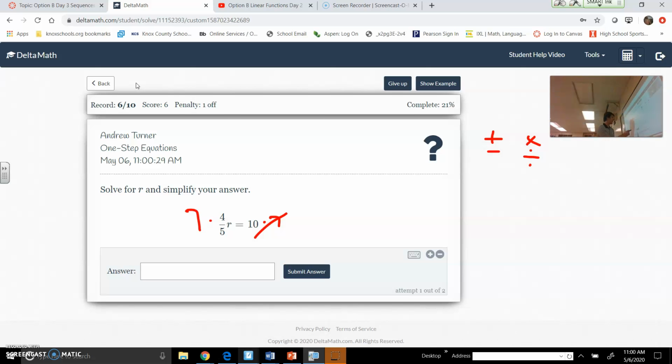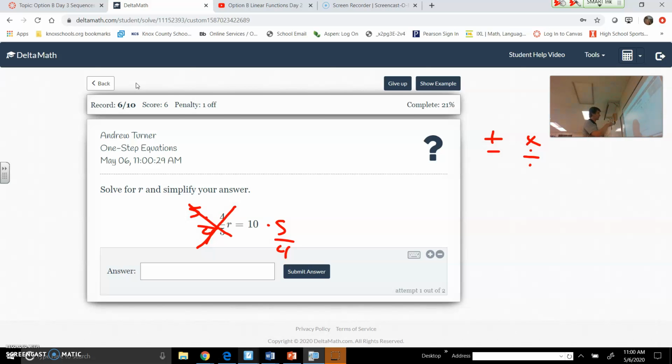So let's try one that has to do with some complicated looking fractions. If I want to do this in 2 steps, I could start by multiplying 5 to the other side. And then I could take the 4 and divide it away. But really, you can think of this as multiplying by the reciprocal. That means the fraction that represents the numerator and denominator flipped.